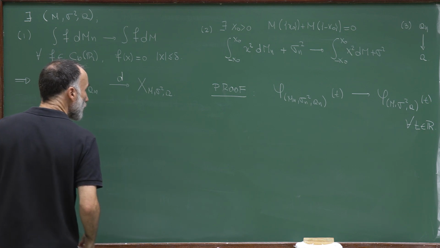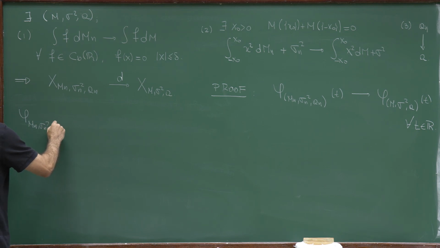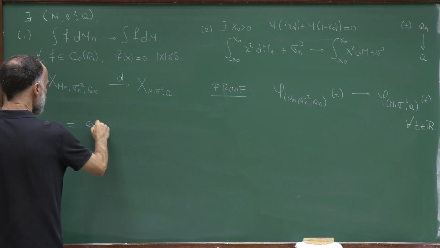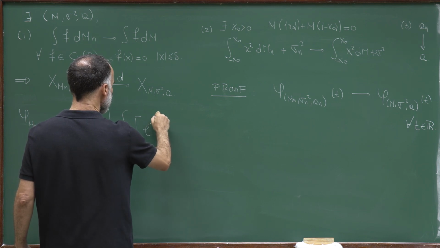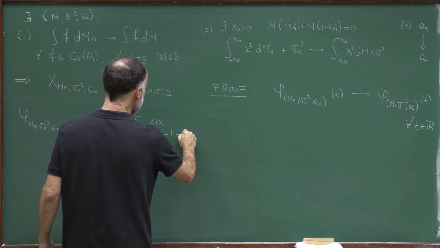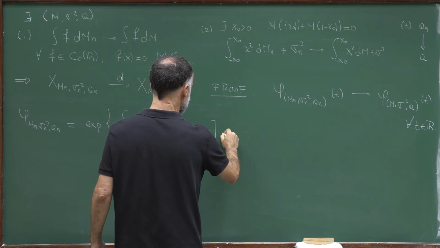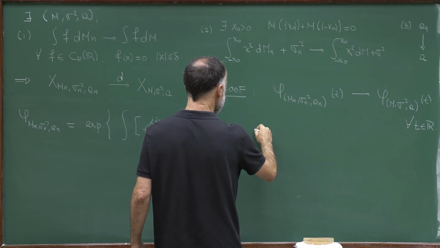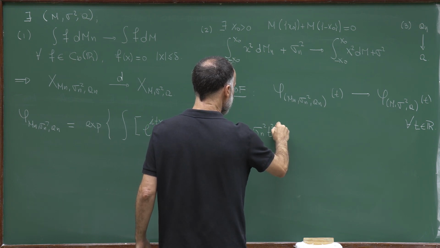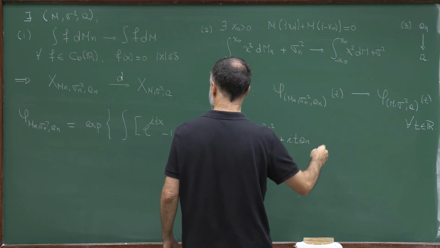Now, if you remember, the characteristic function associated to this triple mn, sigma n square, an is given by the exponential of the integral of exponential i t x minus 1 minus i t theta x dmn, plus, or let me write minus, sigma n square t square over 2, plus i t theta n.